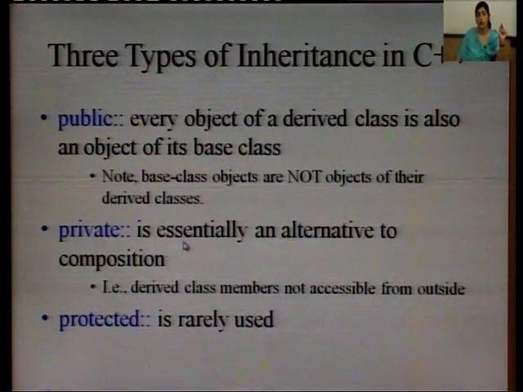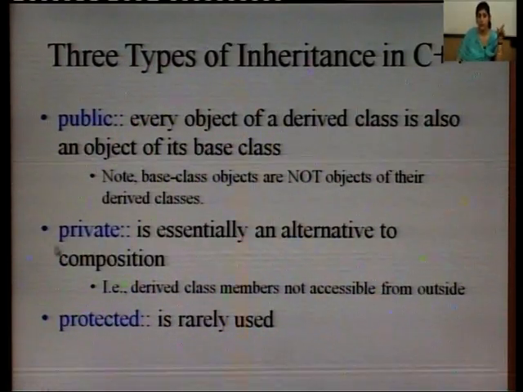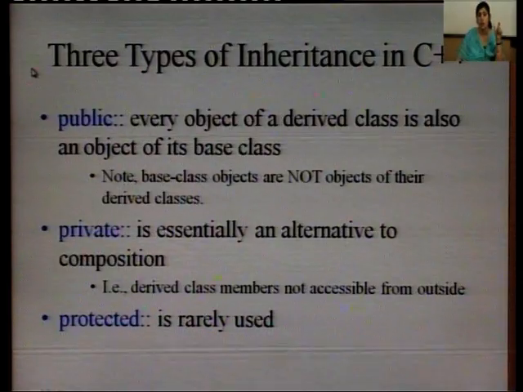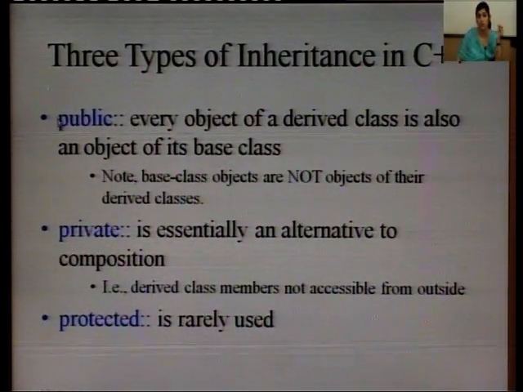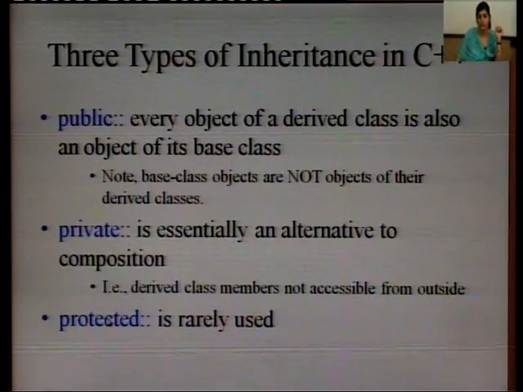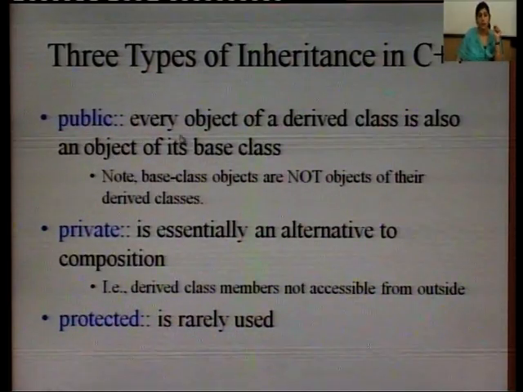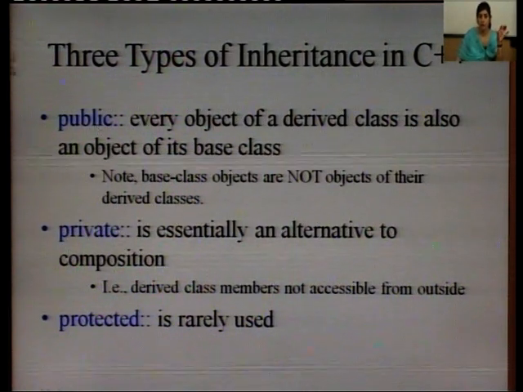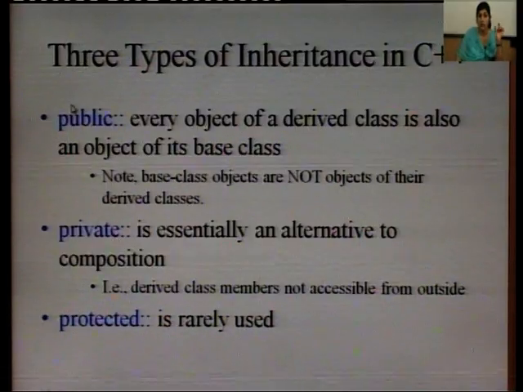Means whenever you derive a new class, it can be a public inheritance, a private inheritance, or a protected inheritance. Now what do public, private and protected mean, and where are they used? Now public: whenever you derive a new class from the existing class in a public manner, then what actually happens?